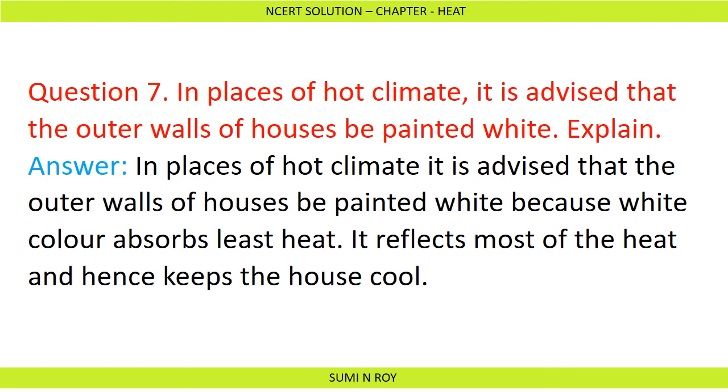Objects having dark colors absorb more heat radiation than objects having light colors. Because of that it is advised to paint the outer walls of houses white, because it reflects most of the heat and hence keeps the house cool.